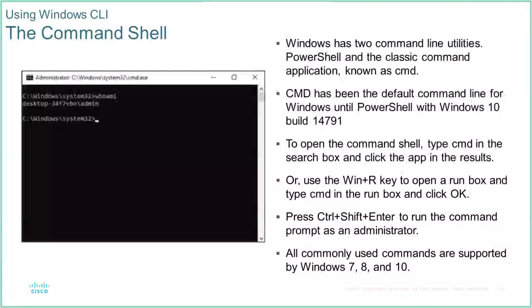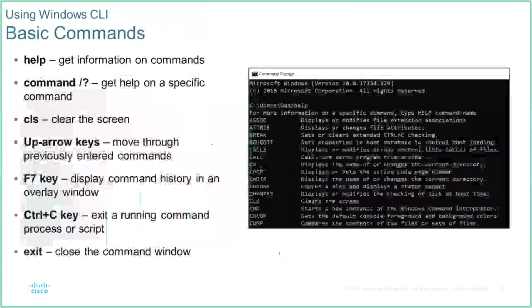So to open the command shell, type CMD in the search box, or use Windows R to open the run box. Control-Shift-Enter runs the command prompt as the administrator if you are not running on an administrative account. And basic commands can be found using the help function within the command prompt window.